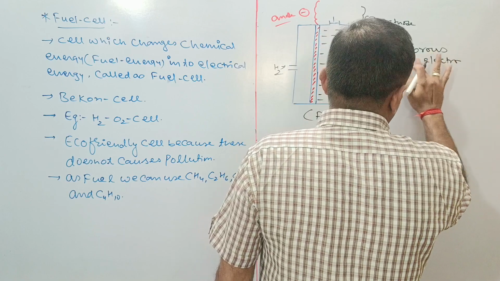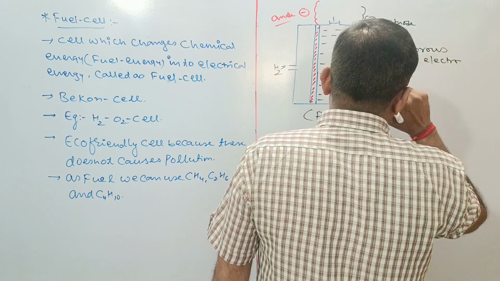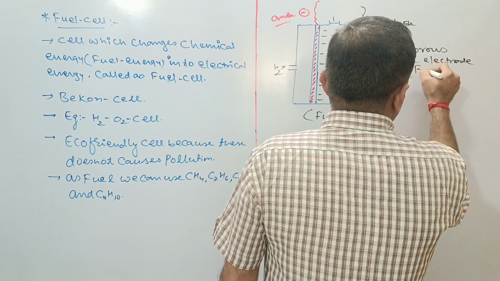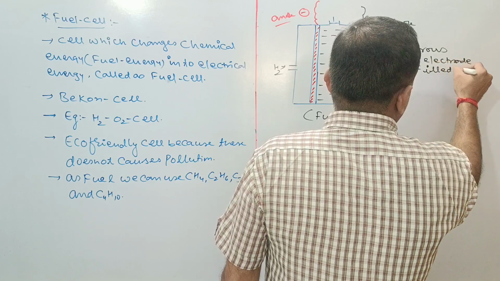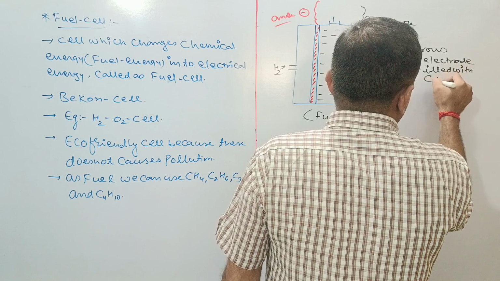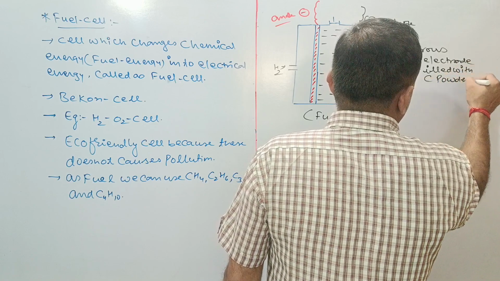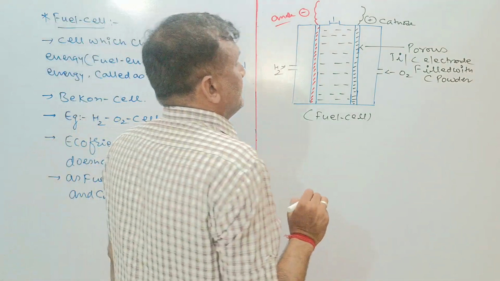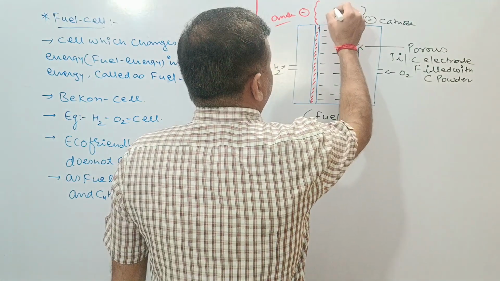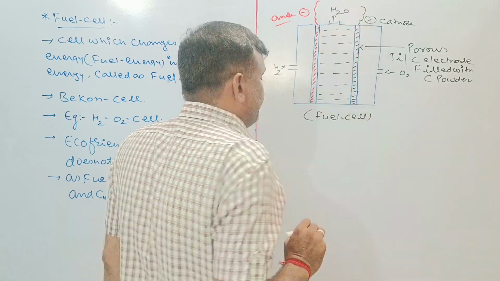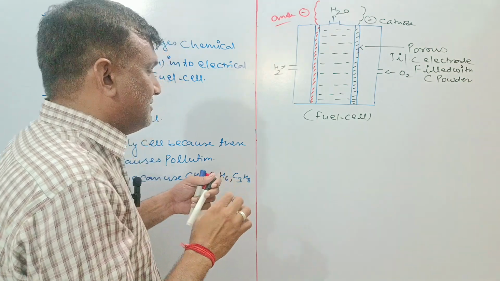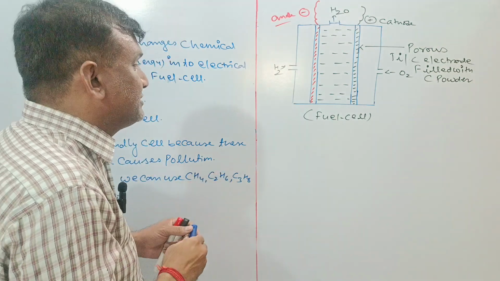You can say carbon electrodes also, titanium or carbon electrodes filled with carbon powder, which acts as a catalyst for this kind of cell. And here there is removal of water in the form of H2O. So this was about the structure of the H2-O2 cell.